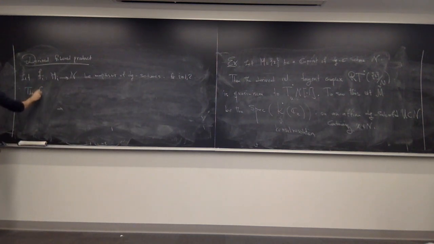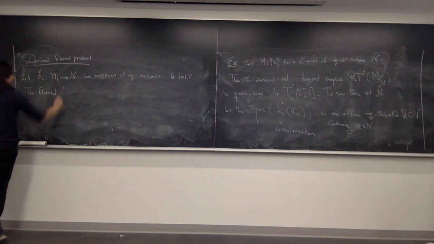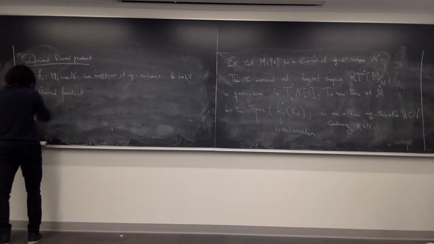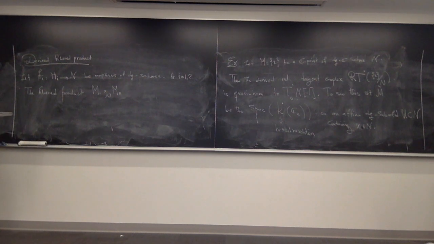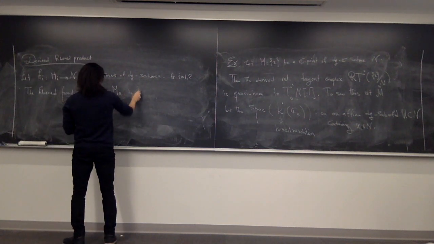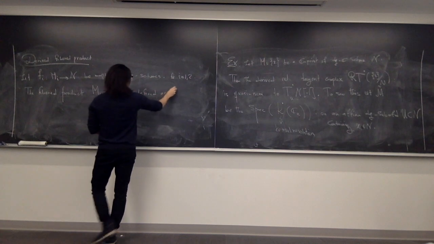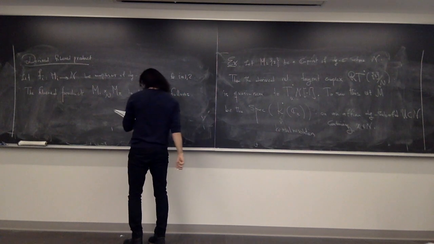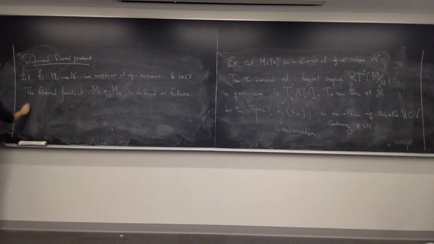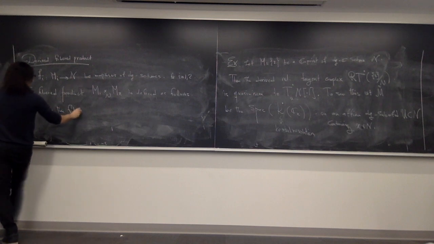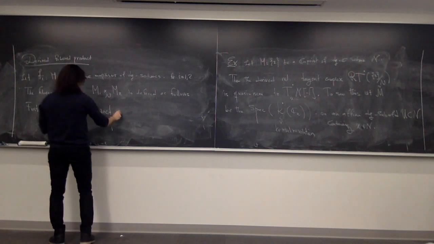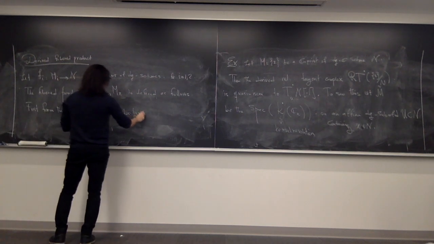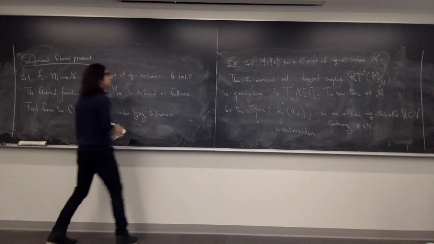The fibered product M1 over N times M2 is defined as follows. First, form the fibered product of the underlying schemes. We truncate the scheme.